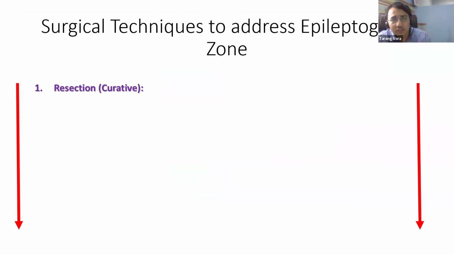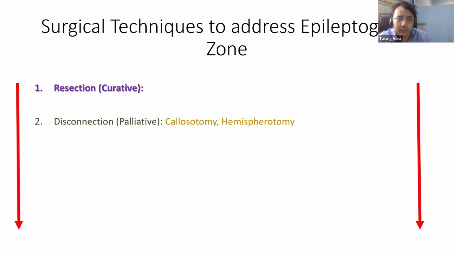So when we are looking at surgical techniques to address the epileptogenic zone, there is currently and there has always been only one surgical technique which is curative for drug refractory epilepsy, and that is resection. If we are able to find out where it is starting and resect the part, the patient is going to be seizure free.